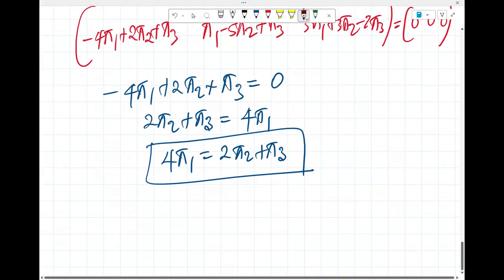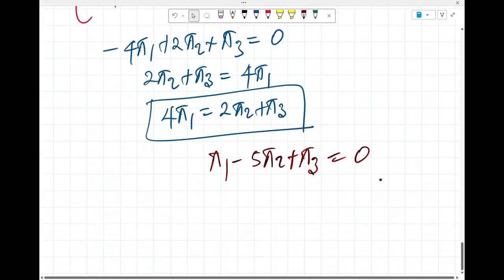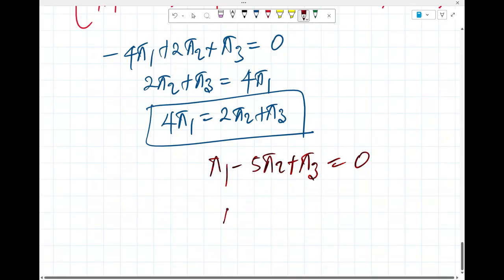Next, we have another one: pi 1 minus 5 pi 2 plus pi 3 is equal to 0.